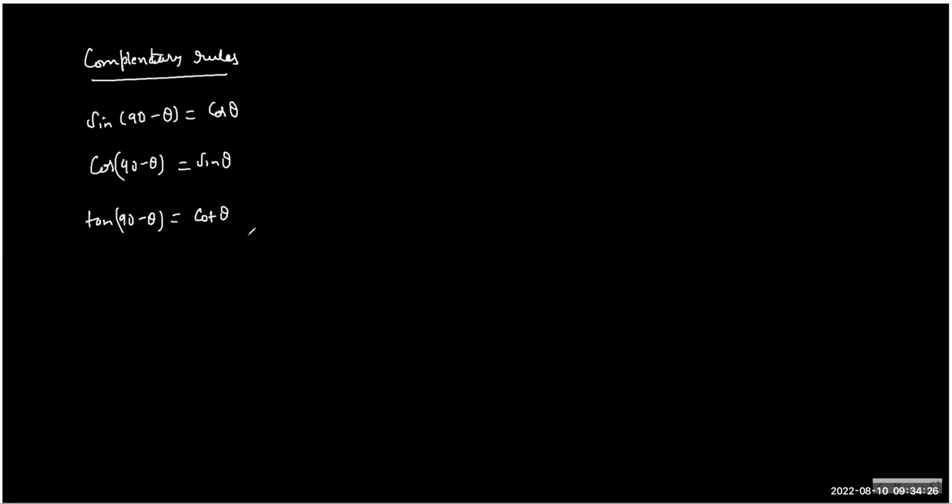So cot is complementary also, and cot is inverse also. But for cos, complementary is sine. What is the inverse for the cos value? Sec. So you need to understand that the inverse and complementary are not always the same. It may be different. All right.